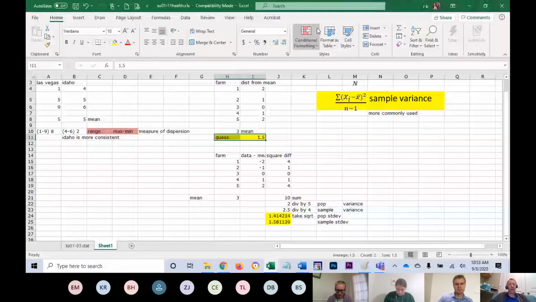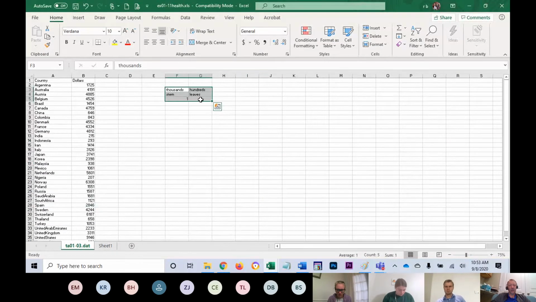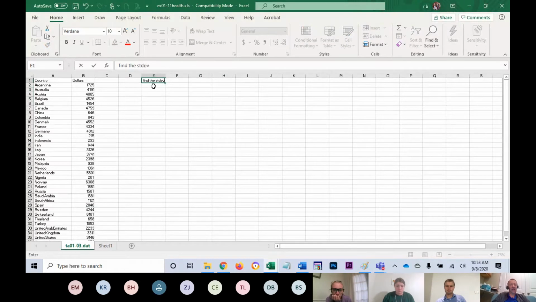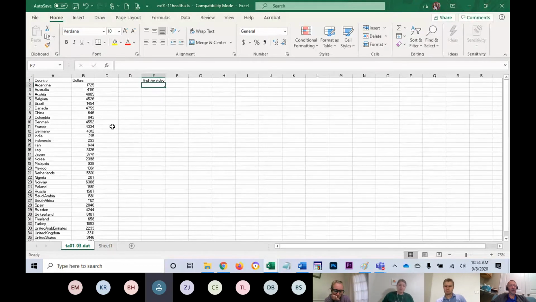But here's what I would like to do. We have a lot of data here. This is from one of the homework problems. And I'm going to say find the standard deviation for whatever this data represents. I don't even remember. It's a bunch of numbers, dollars for something.